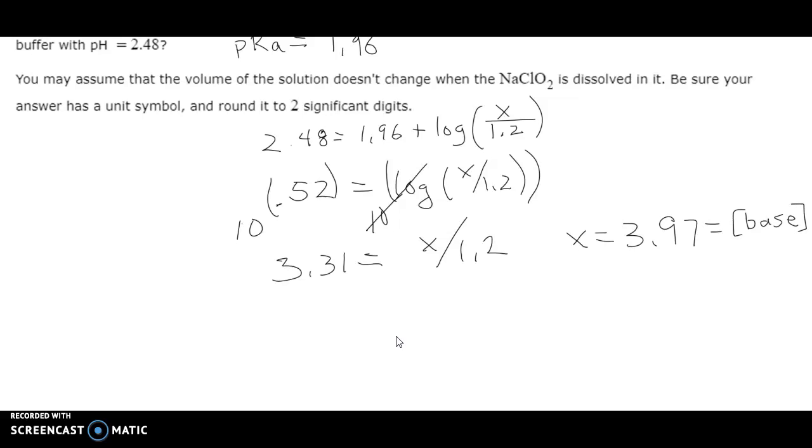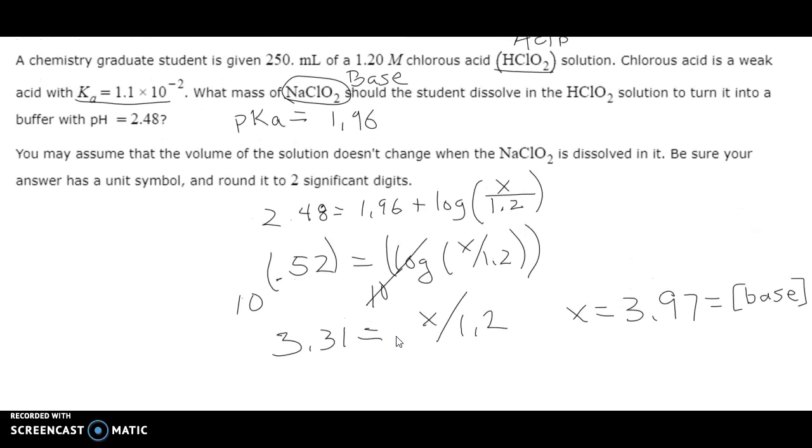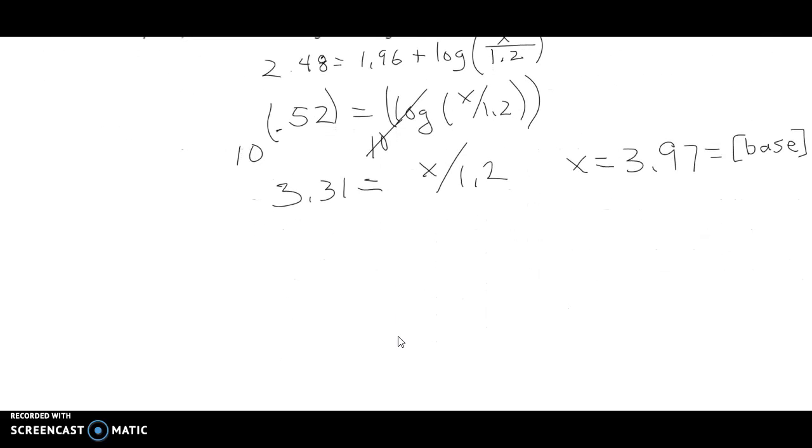The problem asks what mass of the base we should add in order to get a buffer with a pH of 2.48. So we have to do a little bit of stoichiometry. What could be more fun than that?